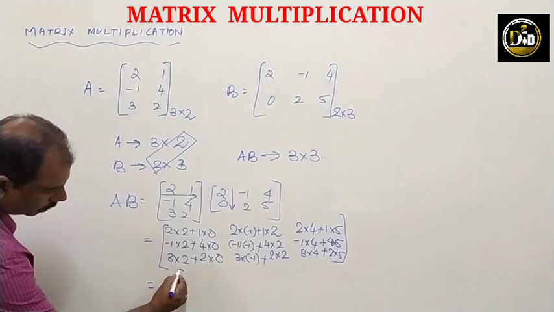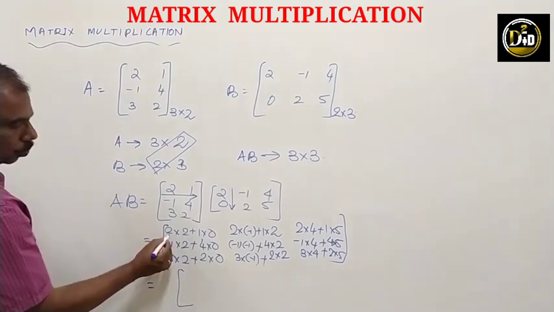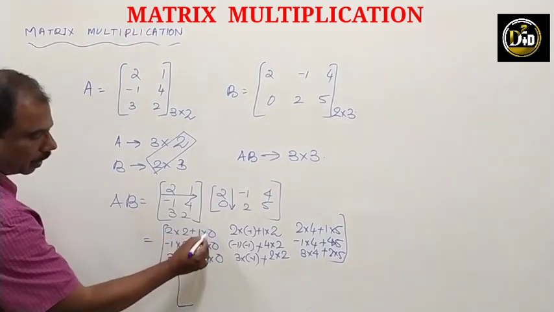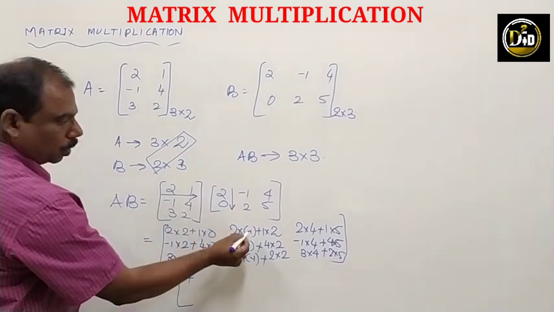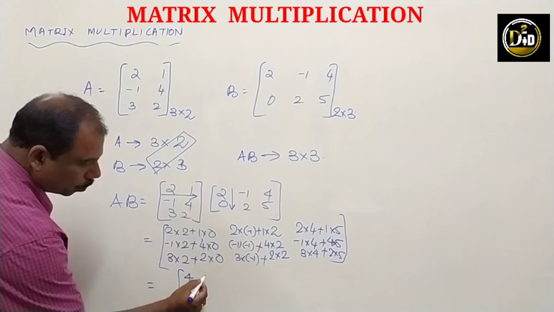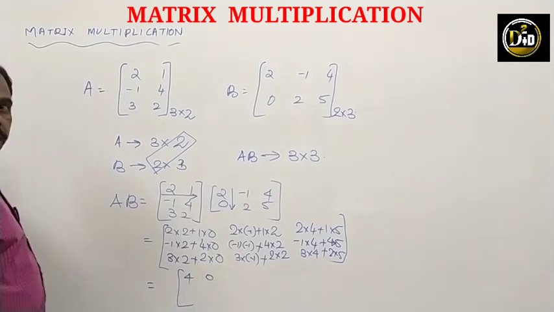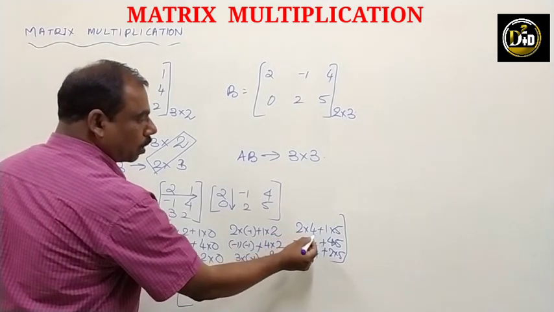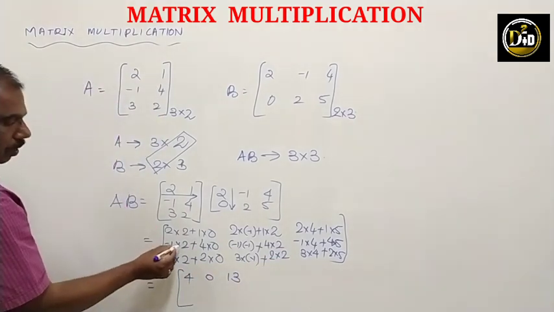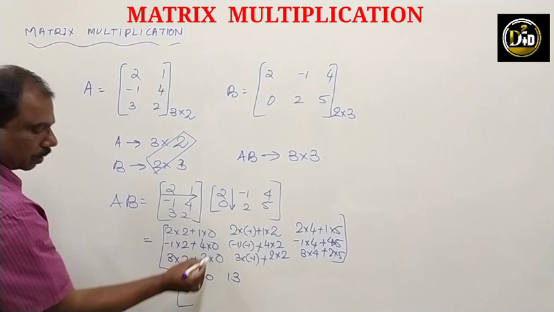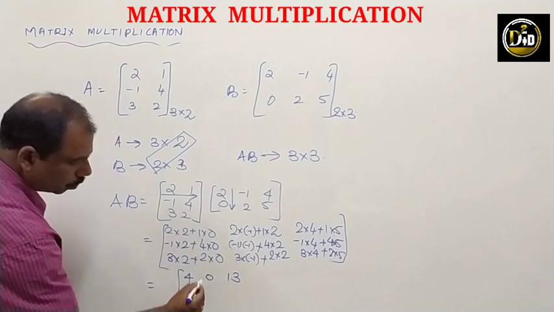That is, 2 into 2 plus 1 into 0, we get 4. Here 2 into minus 1 plus 1 into 2, we get 0. 2 into 4 plus 1 into 5, we get 13. Minus 1 into 2, that is minus 2 plus 0, you get minus 2.